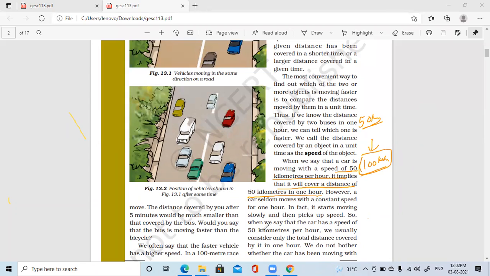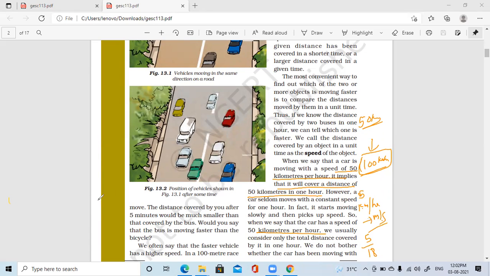So 50 kilometers per hour is the unit. And you have to keep in mind when you have to convert: kilometer per hour is the unit and meter per second is the SI unit. You can convert kilometer per hour into meter per second by multiplying with 5 by 18.